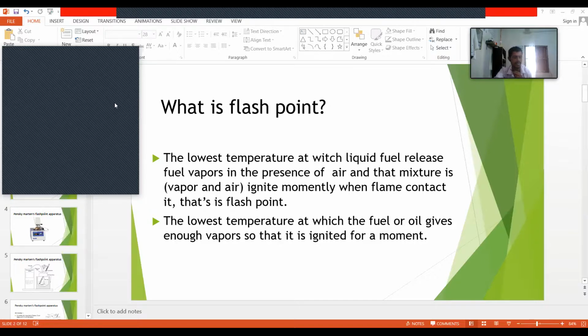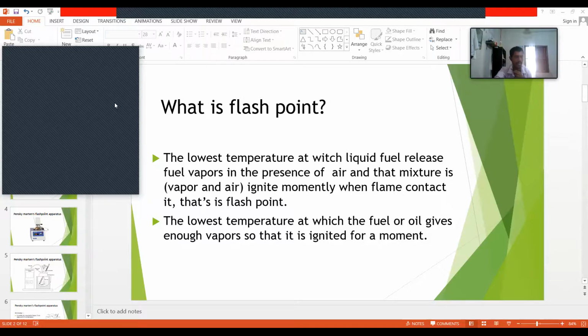Why we are trying to find out the flash point is, if you want to transport oil or some petroleum product, it is kept in tanks, and sometimes it may be transported from one place to another, right? Then it goes through different environmental conditions and different temperatures. If we don't know the flash point and the temperature somehow increases and reaches that flash point, then it goes to a blast or something.